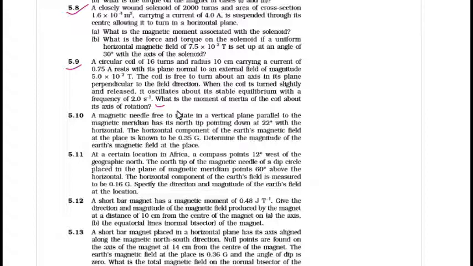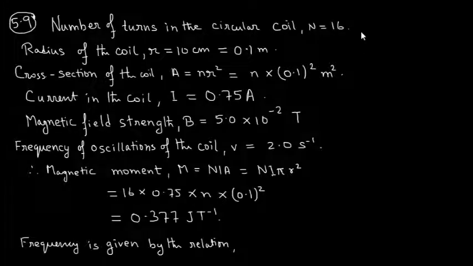Let us see the solution. Number of turns in the circular coil, n is equal to 16. Radius of the coil r is equal to 10 centimeter, which is equal to 0.1 meter. Cross section of the coil A is equal to pi r square, that is pi multiplied by 0.1 square meter square.